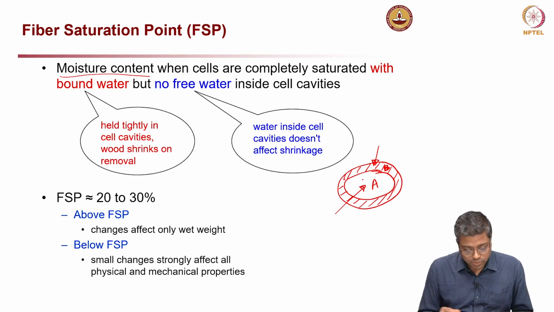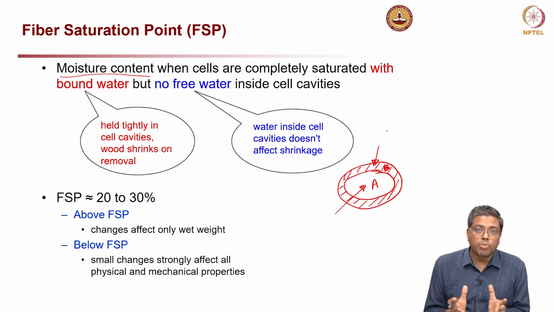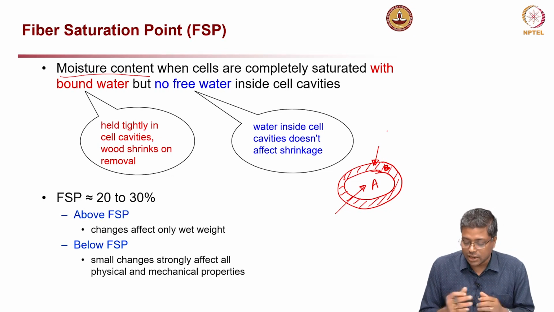Below FSP, you start taking water from region B, and then the properties start getting affected, like physical and mechanical properties.